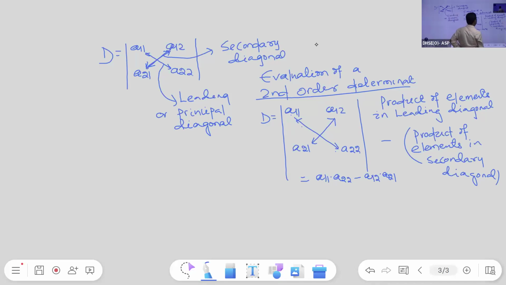So let's come to solve a couple of questions. Evaluate, or find the value of, D equals 2, 3, minus 1, 4.